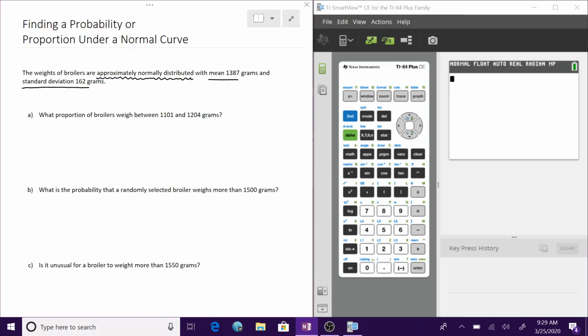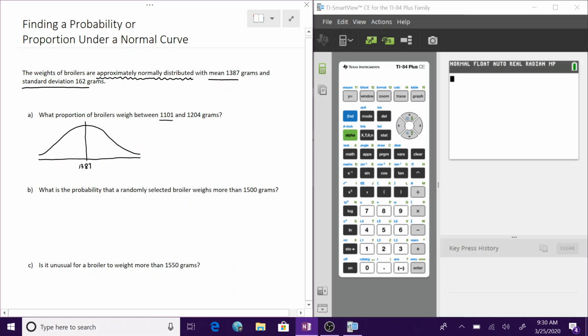So to start off with, for A, it says what proportion of broilers weigh between 1,101 and 1,204. Now, if we look at this on a graph, we know that our mean is in the middle, and we're given a mean here of 1,387.